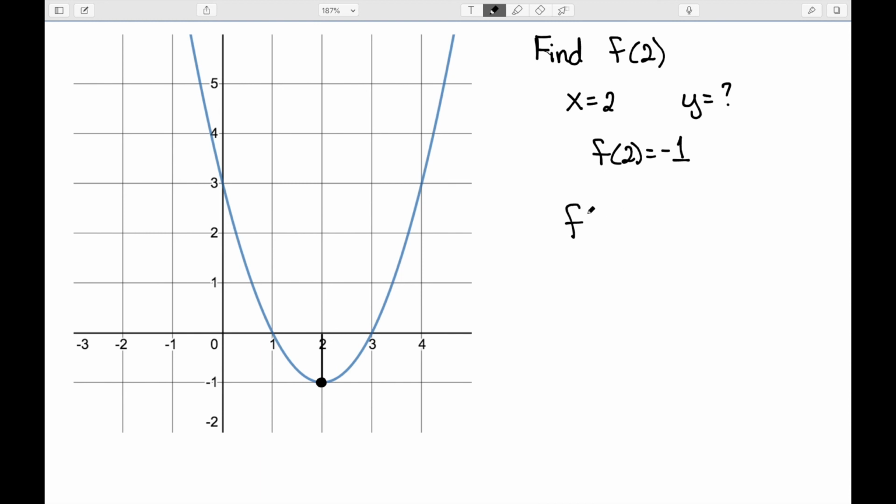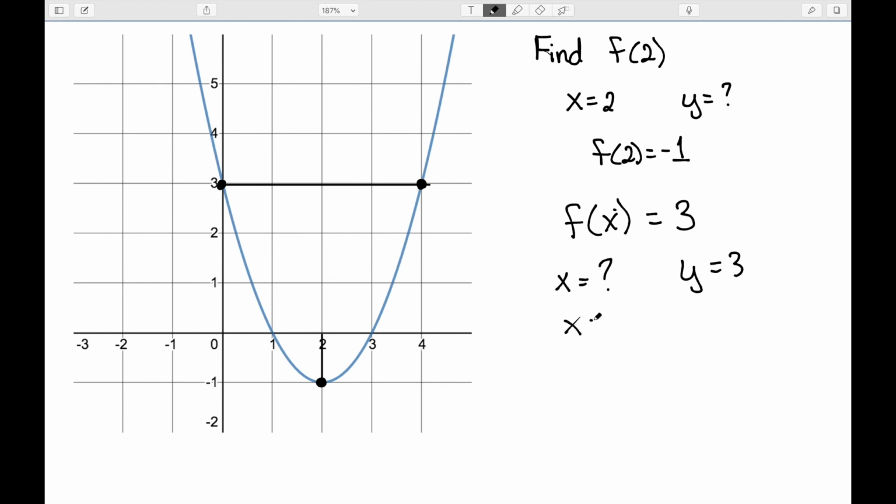On the other hand, if I say f of x is equal to 3, that means I know y is equal to 3, but I don't know x, since I'm missing the x. So here I go up to 3 on the y-axis and over, and we can see we actually have 2 points.